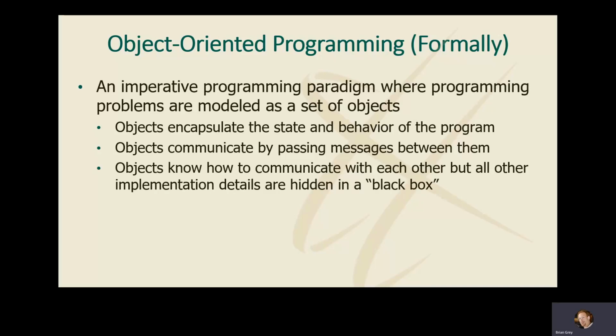Objects know how to communicate with each other, but all other implementation details are hidden in a black box, and that's in quotes. So what does this black box mean? A black box is a concept in software engineering and in many things, right? When we think black box, a lot of us probably think of an airplane, the black box recorder.